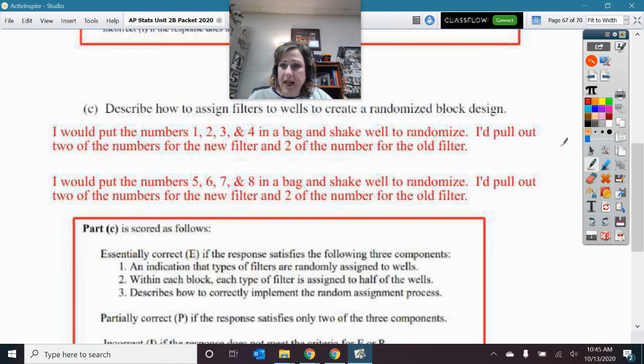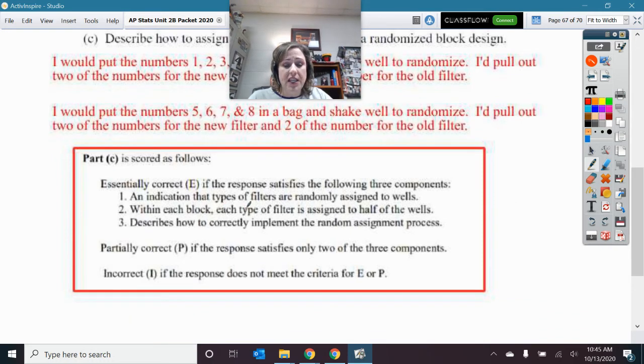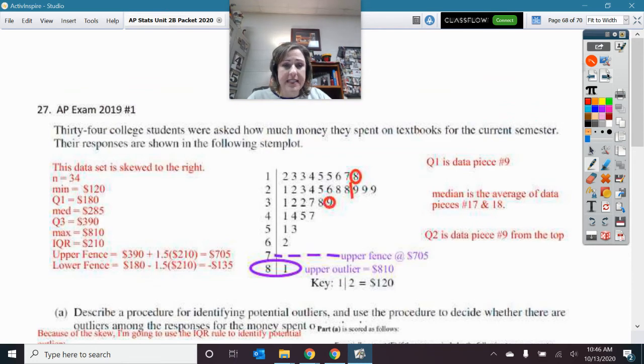So that's how I get my credit: within each block, each type of filter is assigned to half of the wells. I show exactly how I could complete this process. I'm describing the big bag thing, and I indicate the 2 types of filters are randomly assigned to those wells.